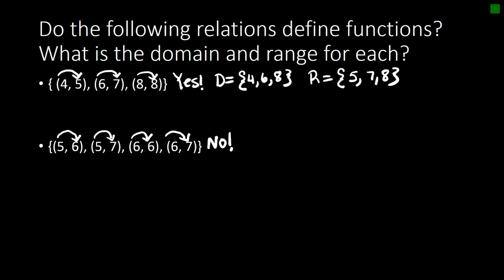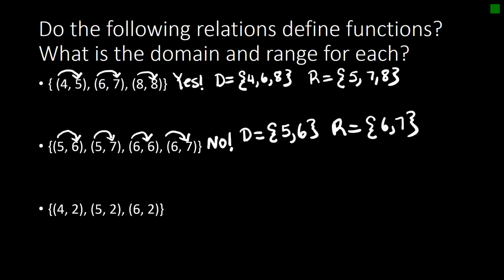Remember that the x values have to go to exactly one y component. So this is not a function. 5 goes to 6 and 5 goes to 7, and we can't have that going on. The domain of this relation contains values 5 and 6. The range contains values 6 and 7.